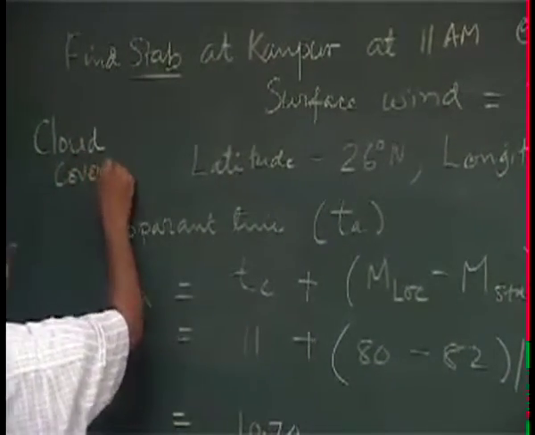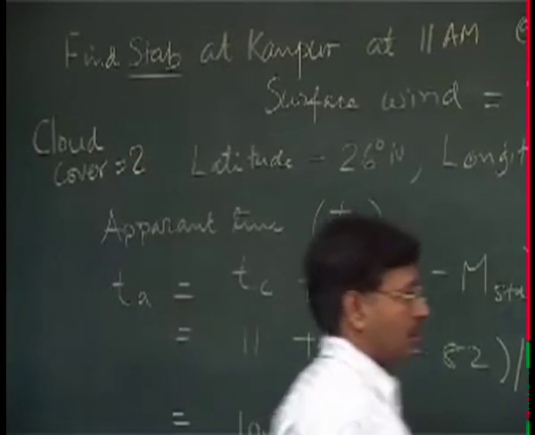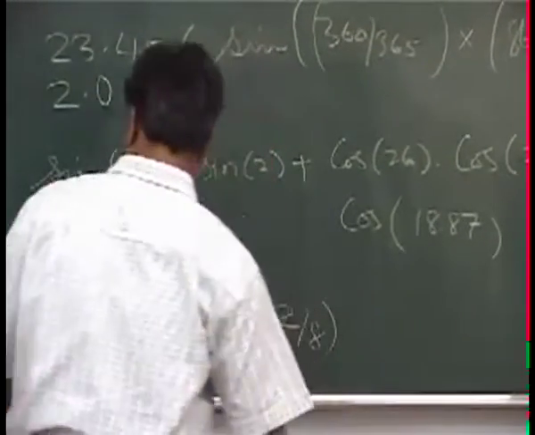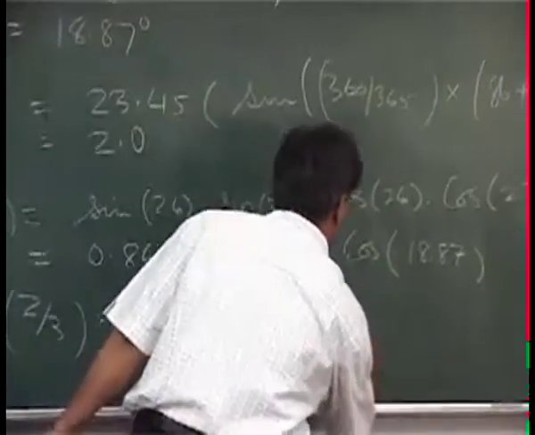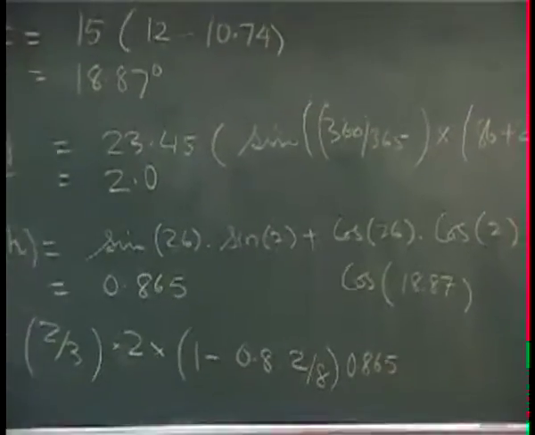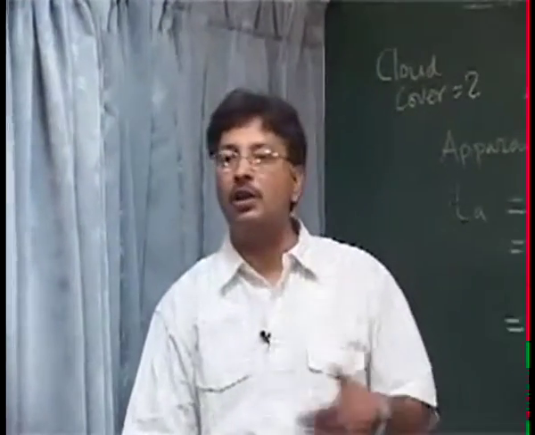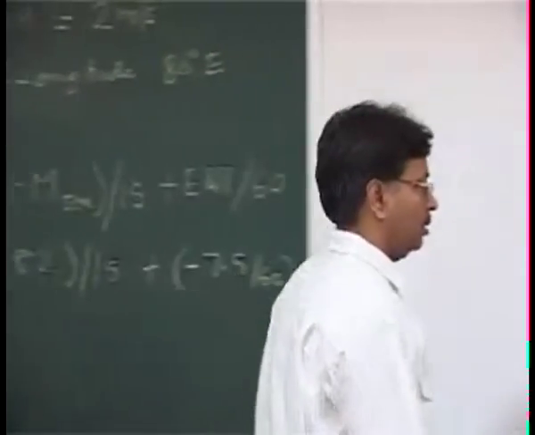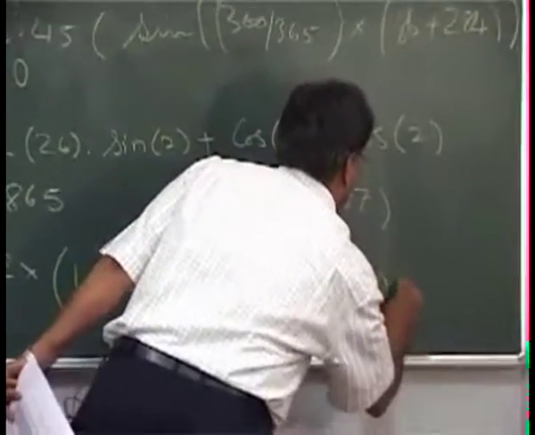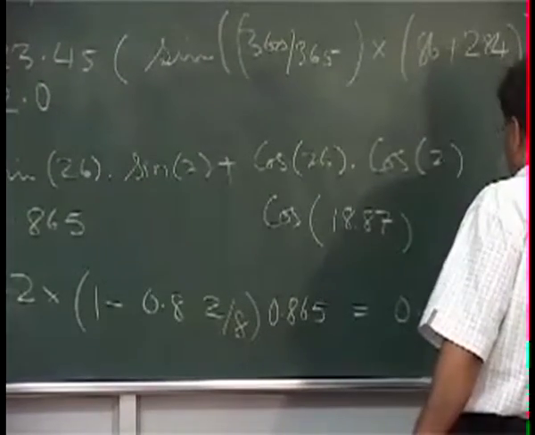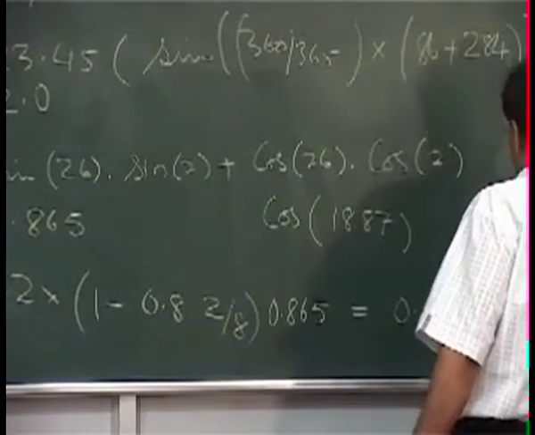Maybe in the morning it was a little cloudy, so I took this as 2. So that way you can find out the radiation, or the incoming solar radiation or insolation, same thing. The number came out in calories per square centimeter per minute.